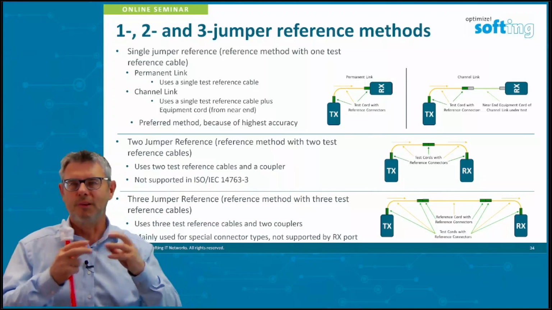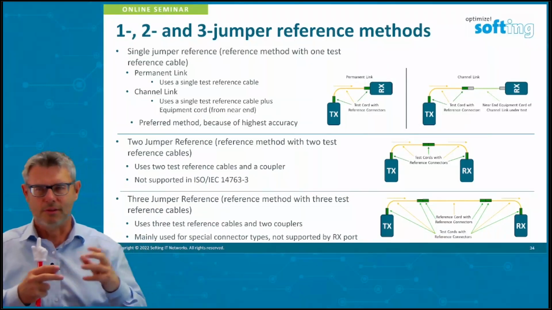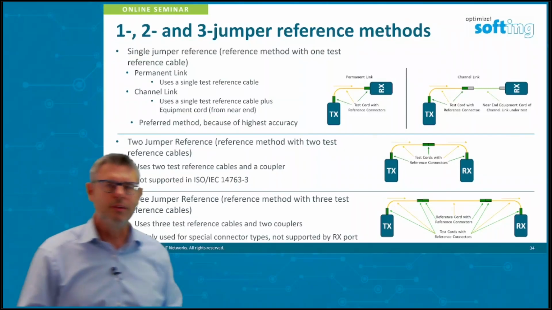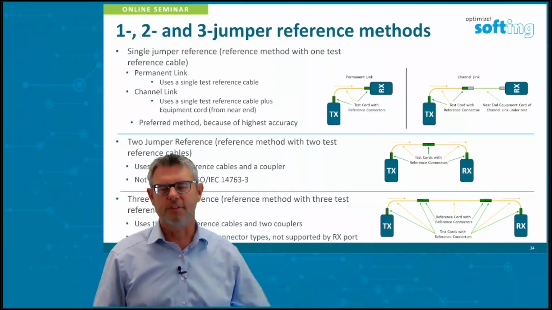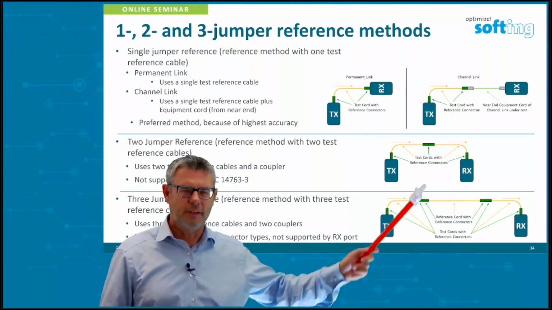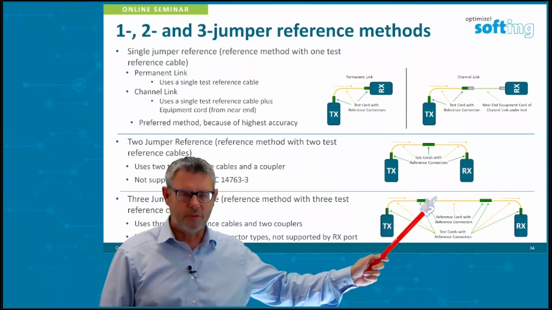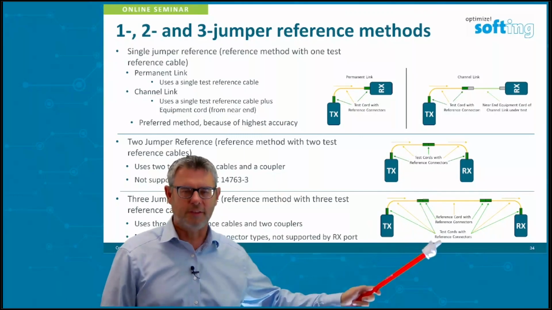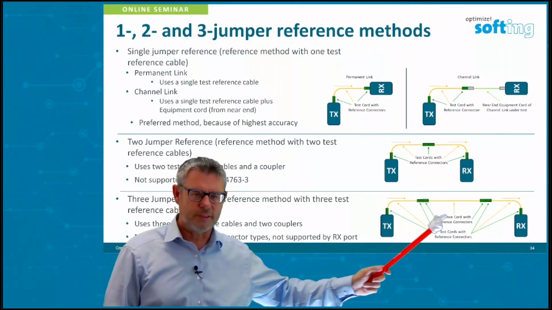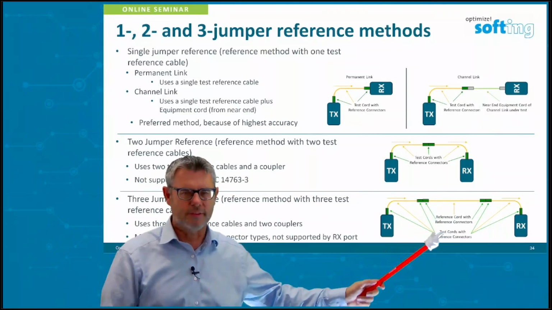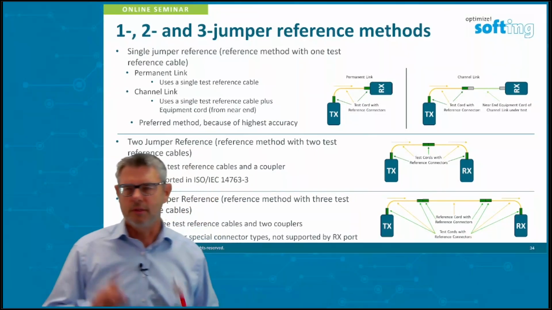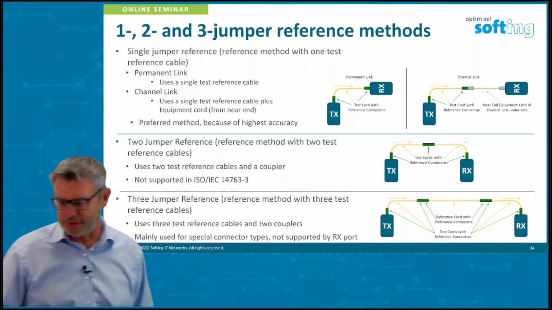These can't be built into a receiving instrument, into a power meter. Therefore, you need to help yourself with a 3 reference cord zeroing, using this special cable in between with a special lens connector here. After the referencing with the 3 reference cords, you just remove the middle reference cord and replace it with the device under test. So make sure you use the proper referencing.